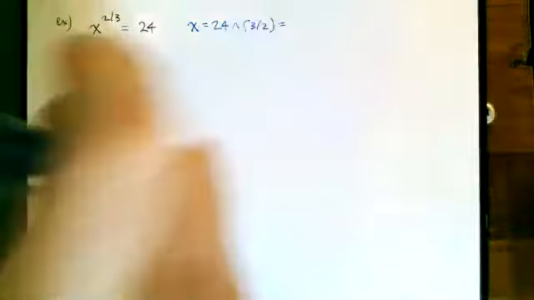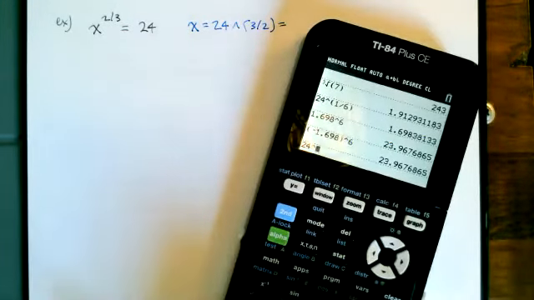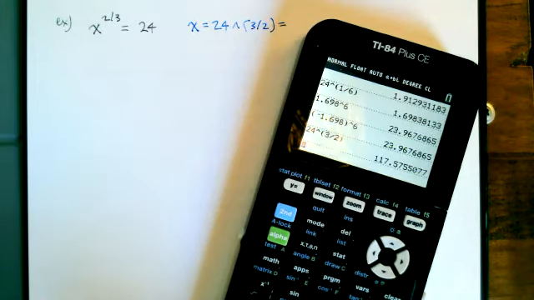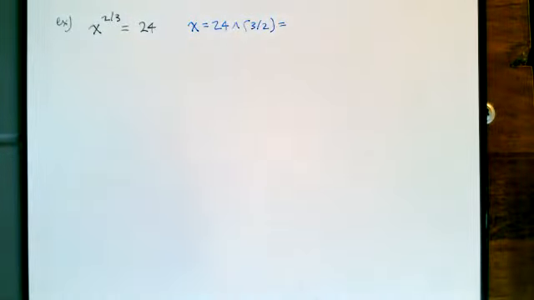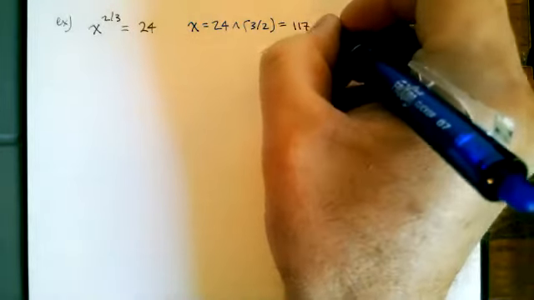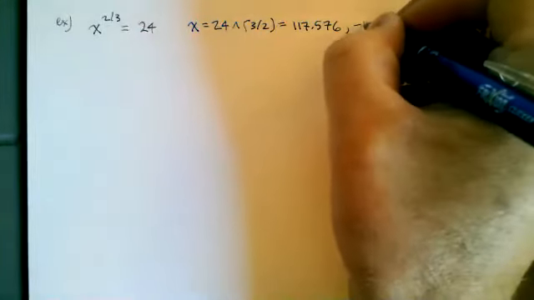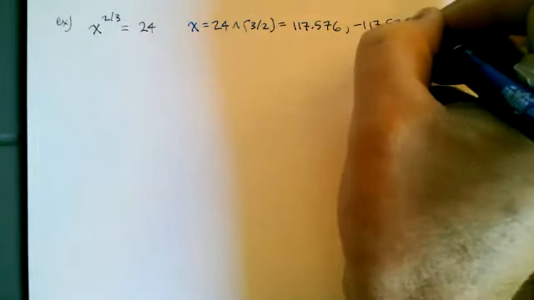We'll grab our calculator for the value, but we'll notice that the numerator of the exponent in the equation is even, so we're going to get two solutions. If we take 24 and raise that to the 3/2 power, we get 117.576, but we'll also get negative 117.576.